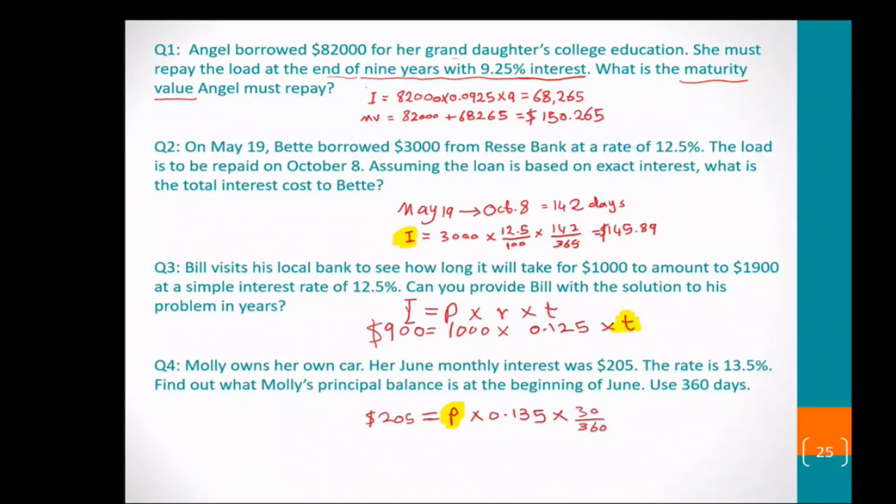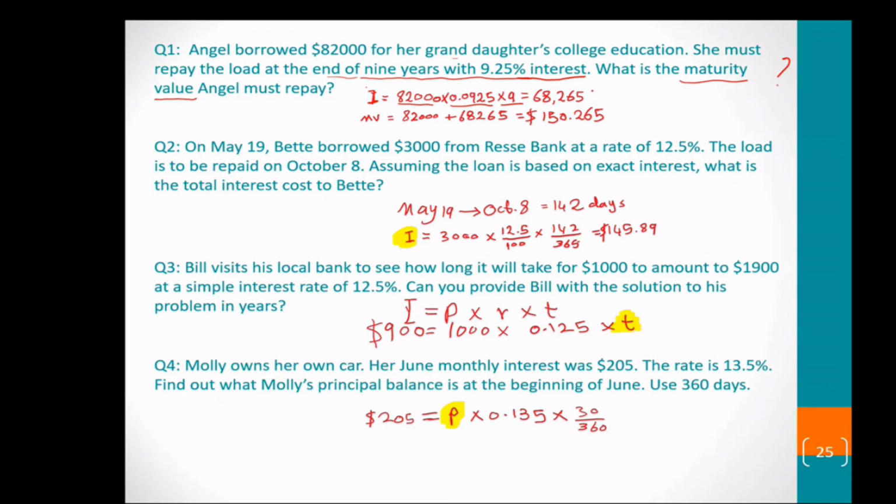Maturity value. This is simple interest, not compound interest. It's not written that interest is compounded annually or semi-annually. It's not mentioned, so if it's not given, it means it's simple interest. Just find simple interest: principal times the rate times 9 years, the period by year.